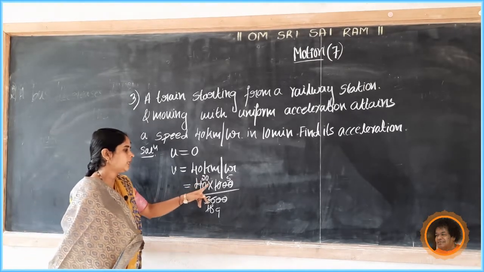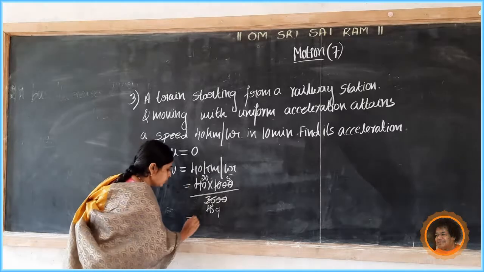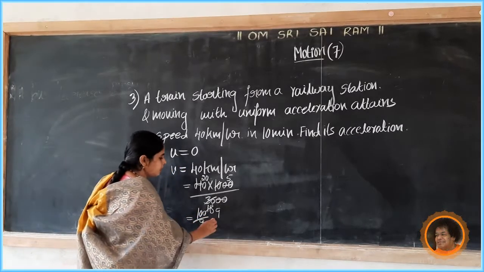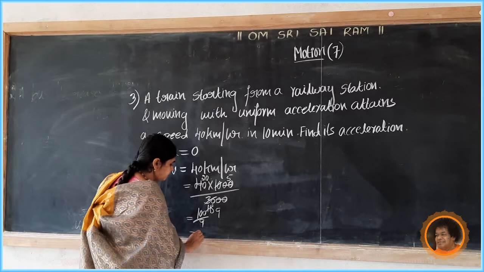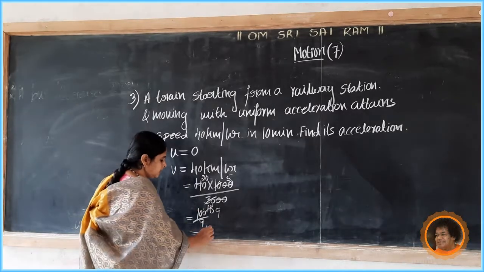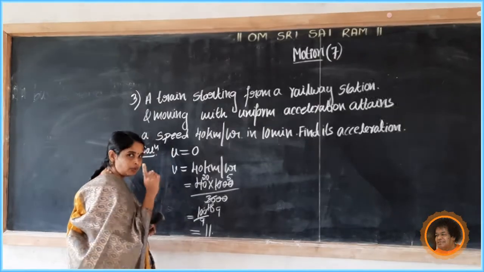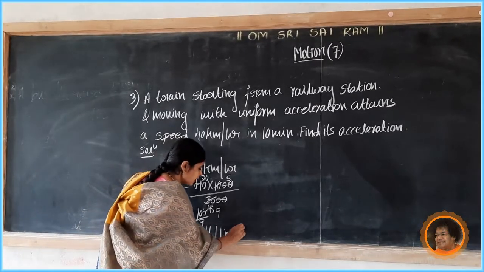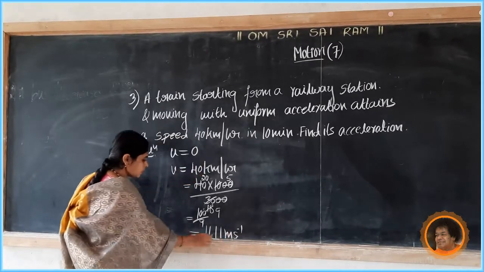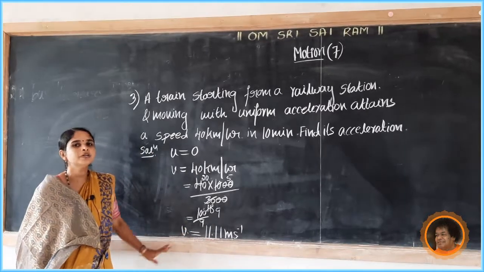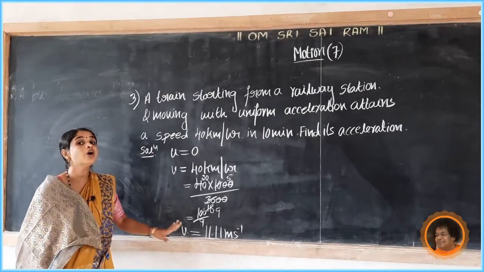Then here 20 into 5 equals 100 divided by 9. 100 divided by 9, its value: 9 ones are 9, 1 remains, again 10, 9 ones are 9, 1 remains, and it continues. So 11.11 meter per second. It is the final velocity.